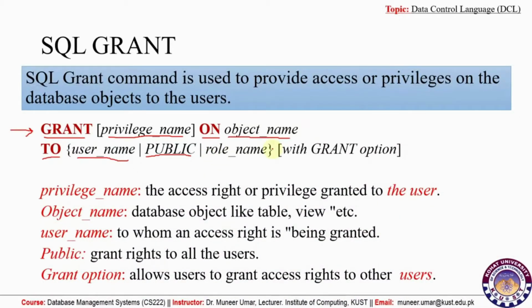And then we have grant option, which allows users to grant access rights to other users. If I want a user to be allowed to use this grant command, I can apply it with the help of this grant option.